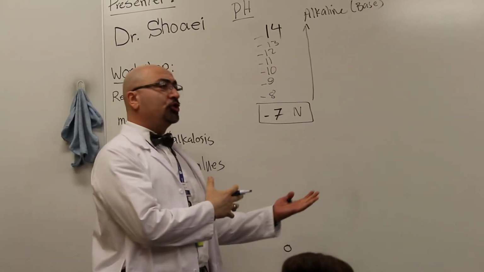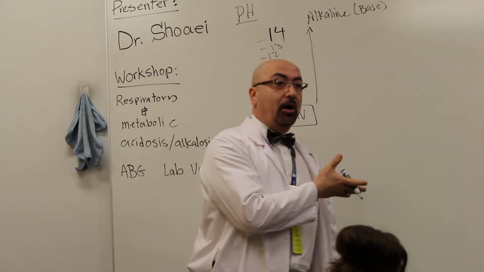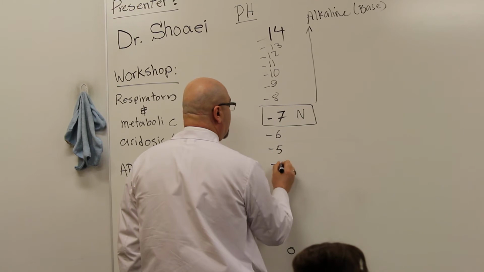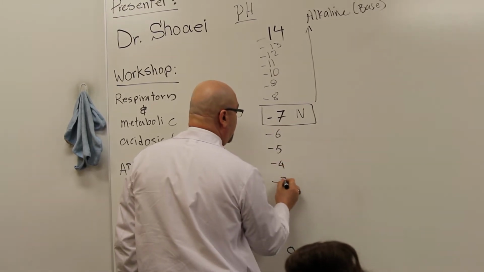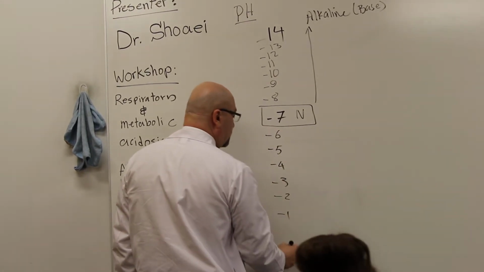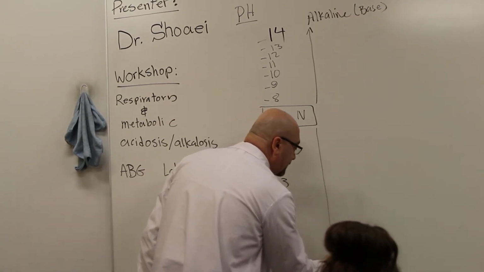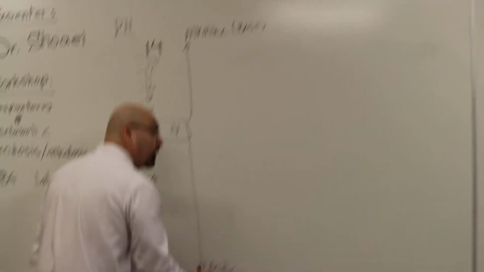And then the opposite is true when you go towards 0. So if you're lowering your pH from 7 all the way to 0, you're moving towards more acidic environment.